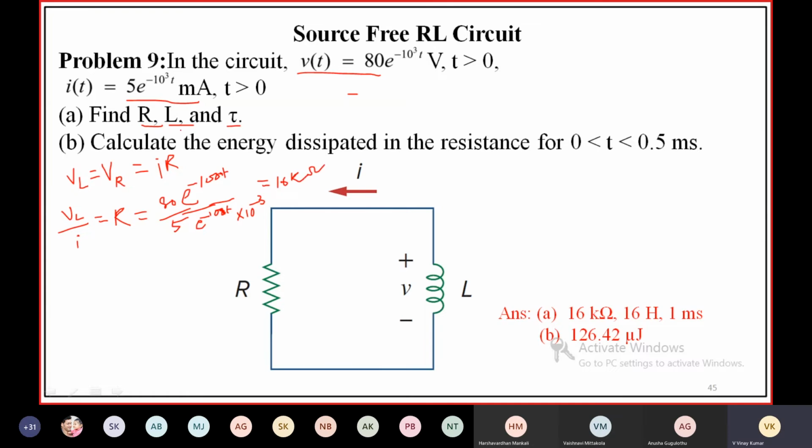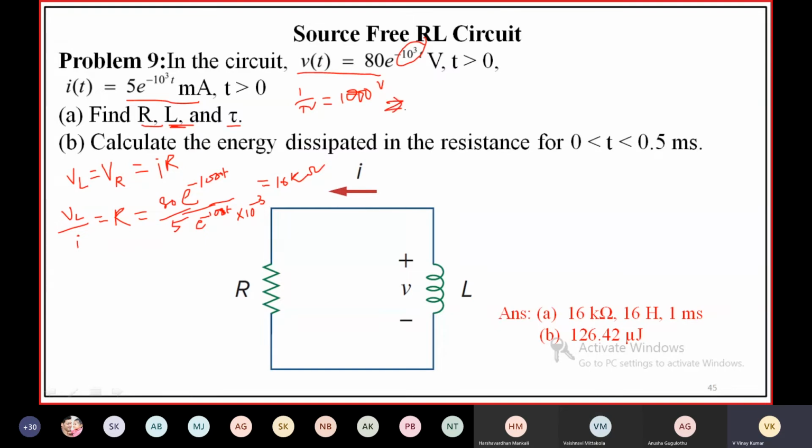Coming to the value of L. Here, I of 0 e power minus t by tau, so 1 by tau is equal to 1000.